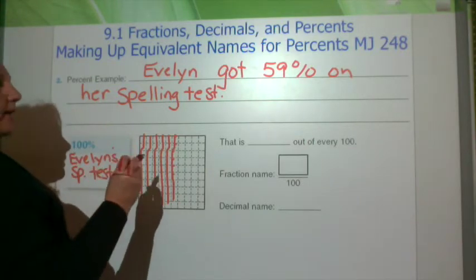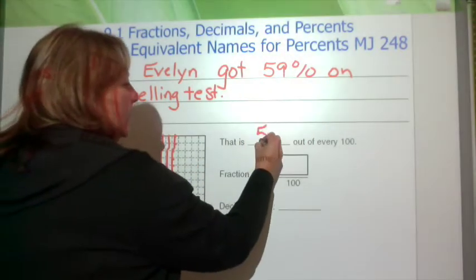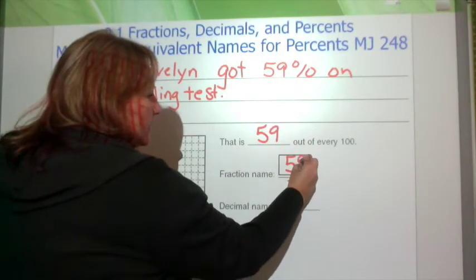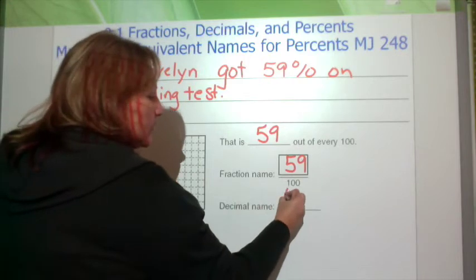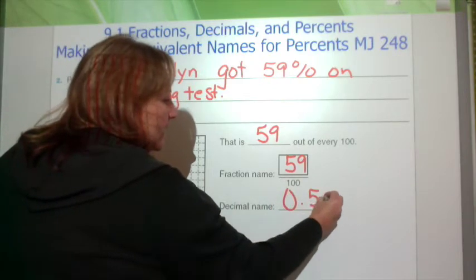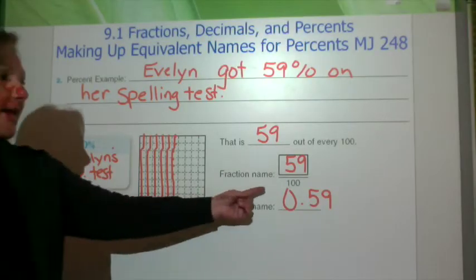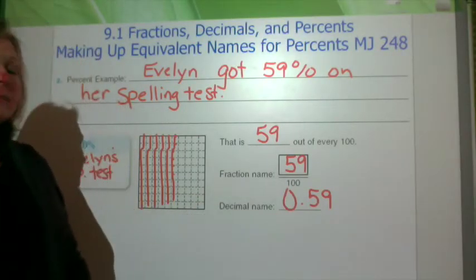That means out of every 100, she got 59 right. Fraction name is 59 out of 100. Decimal, 0 and 59 hundredths. Super simple if you have that denominator as 100.